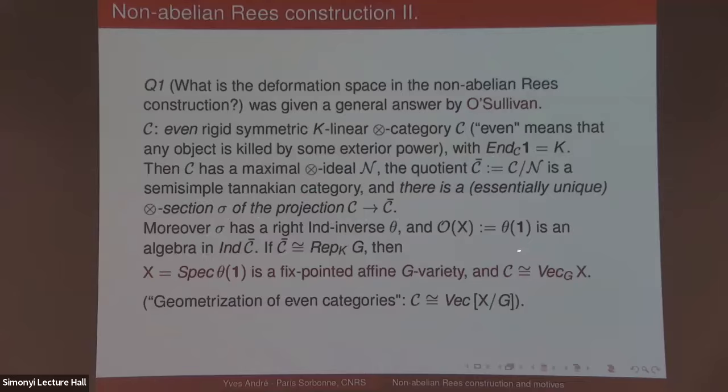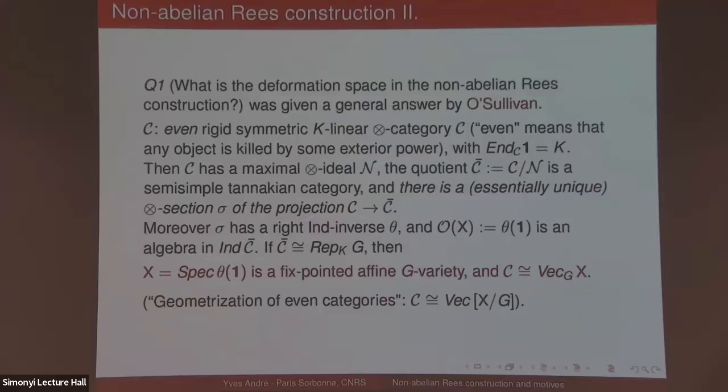And if I apply theta to the unit object, it's quite a formal thing in monoidal categories that this is an algebra. I denote this K-algebra by O of X. X is the spec of this algebra. And this is an algebra in the category C bar.